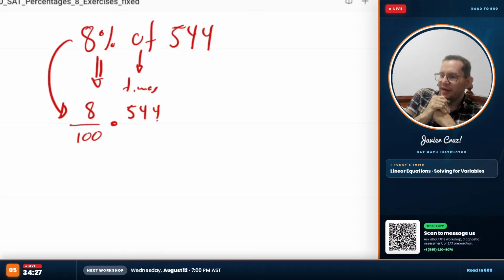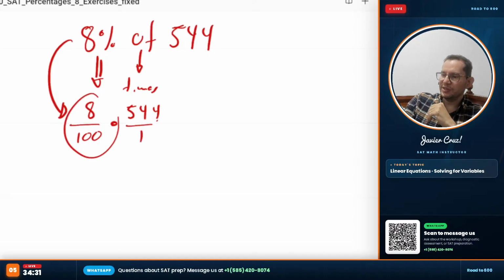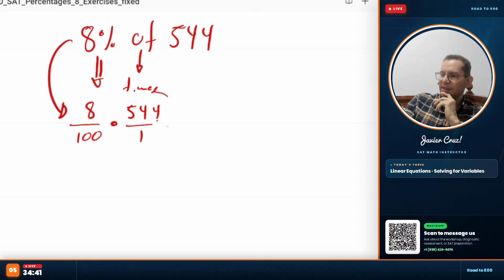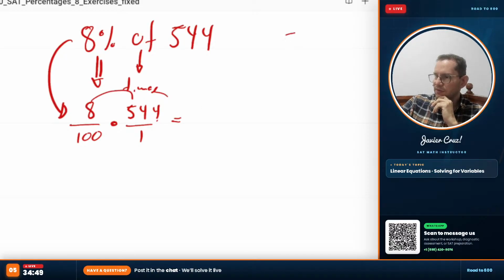So the quick way to do it is multiplying those fractions. We need to multiply 8 over 100 and 544 over 1, or a whole number over 1, has to be multiplied with this other fraction. So we need to multiply 8 by 544.